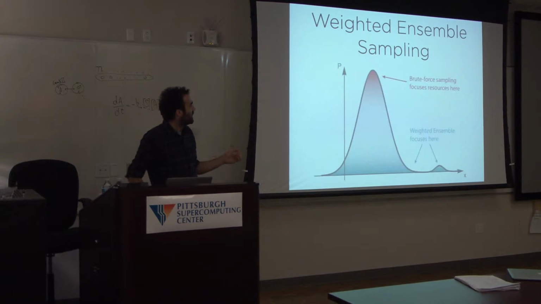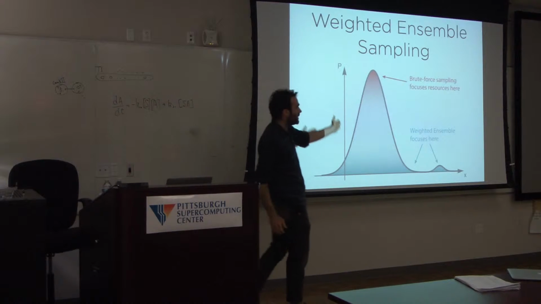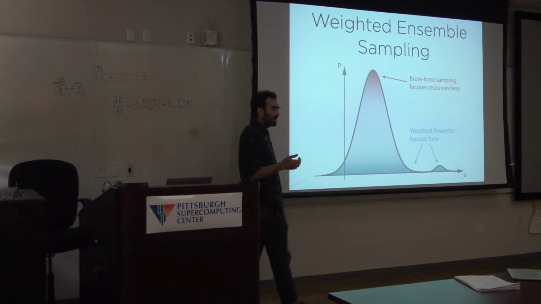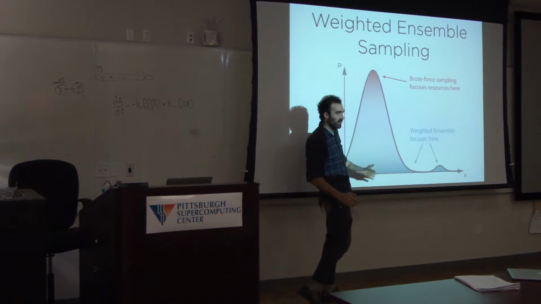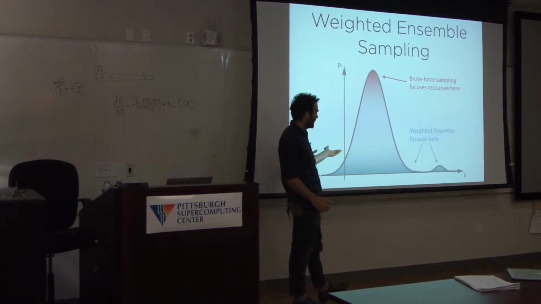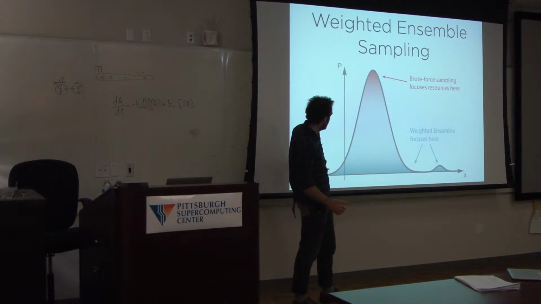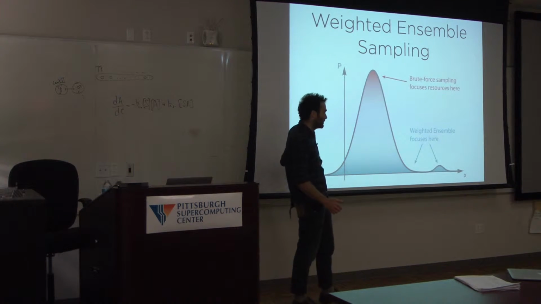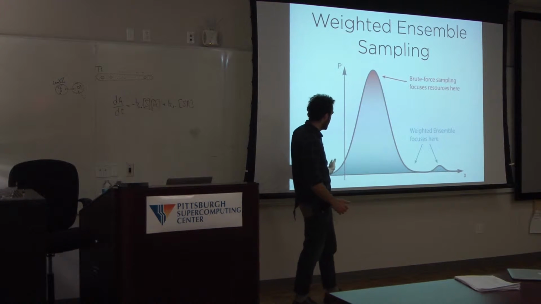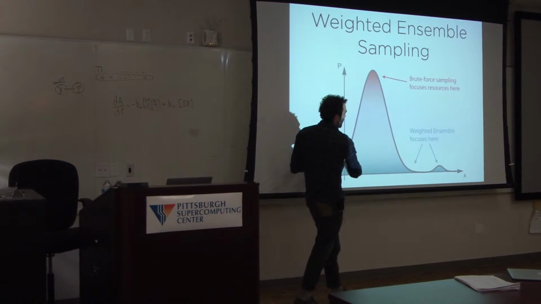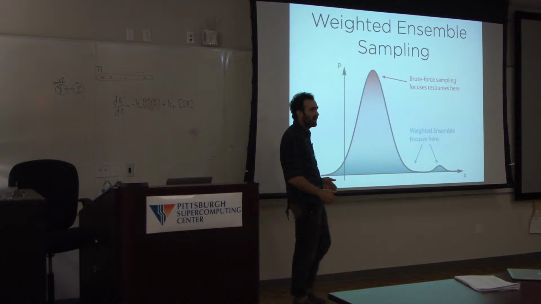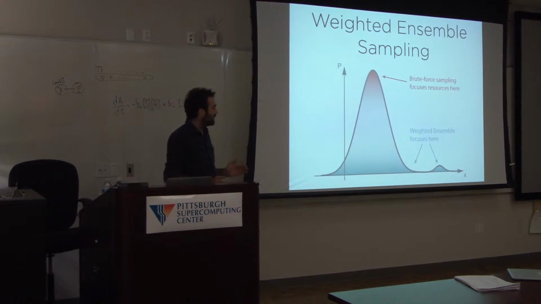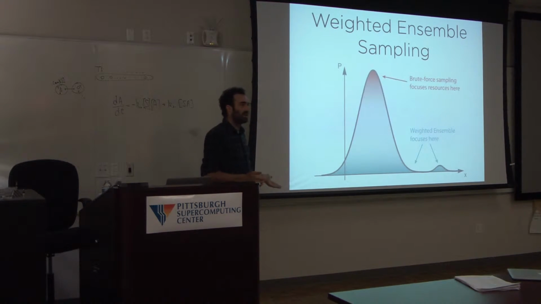And I'm not spending so much time sampling the peak, because if I run bunches and bunches of parallel trajectories, by definition, I'll sample the center of the distribution where the peak is. That's where most of the events happen, and I have to wait exponentially long times to sample these rare events. Whereas if I apportion my sampling along the x-axis evenly, then I can sample these rare events and decouple the probability of those events from the waiting time to seeing them.